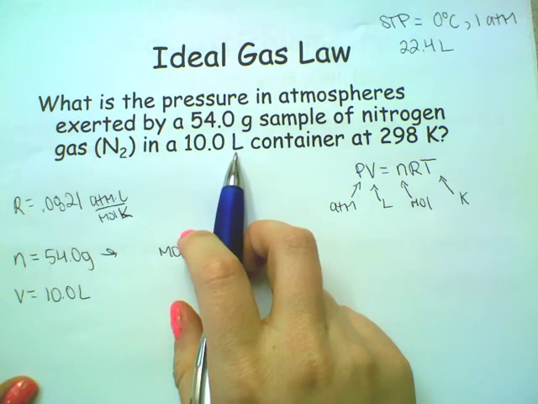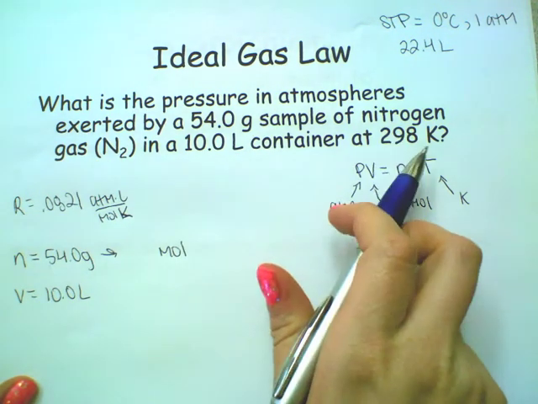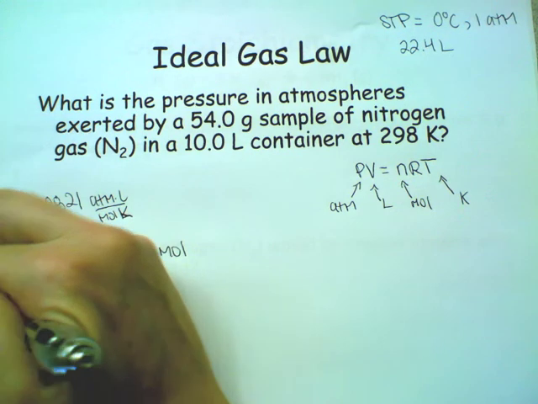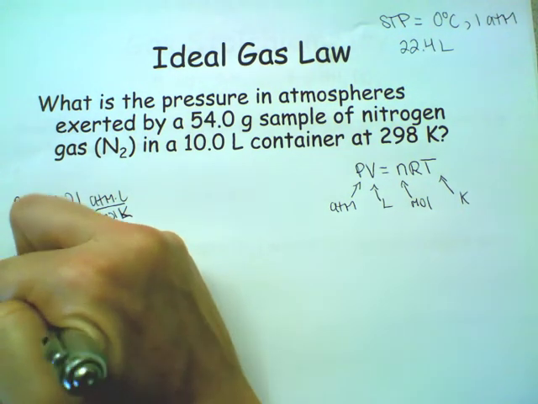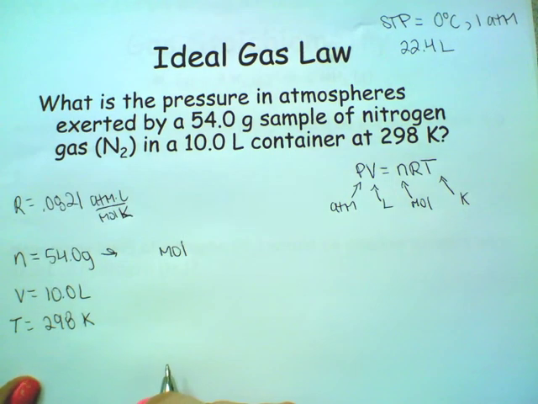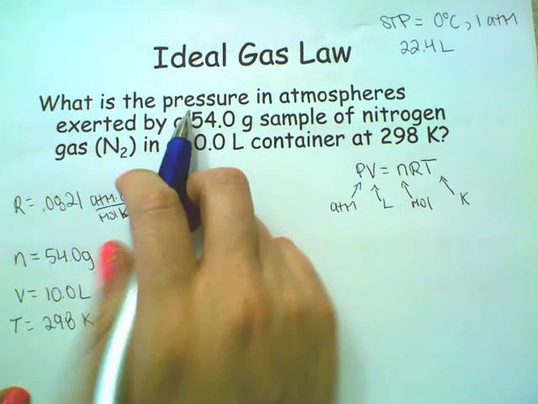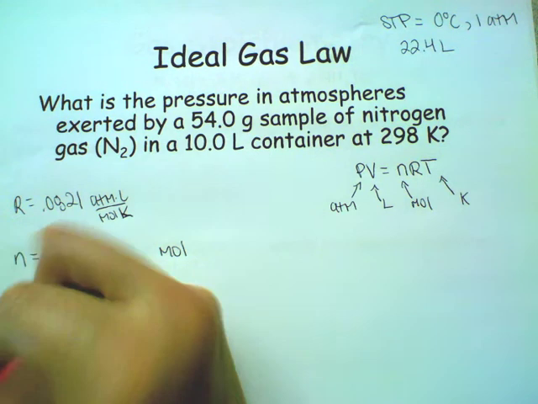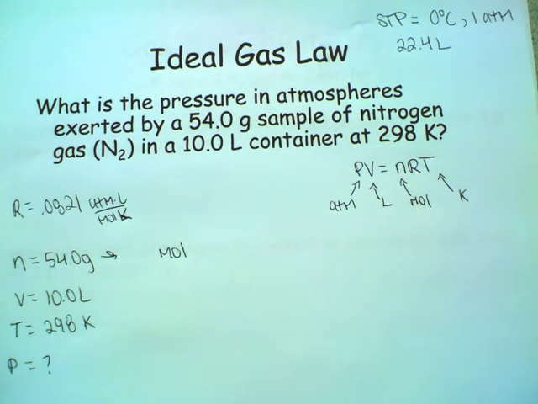I know it's volume because it's given in liters, and temperature is 298 Kelvin, so we don't need to make any conversions there. And we know that we are looking for pressure. If you outline all the information first, it's going to make it very, very easy to figure out where you're going to plug things in.